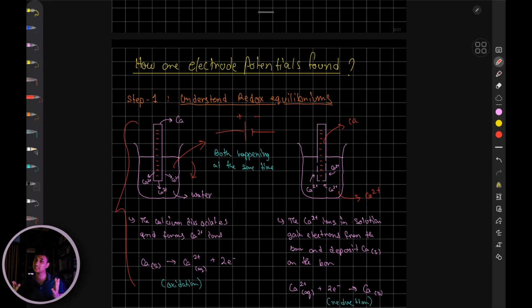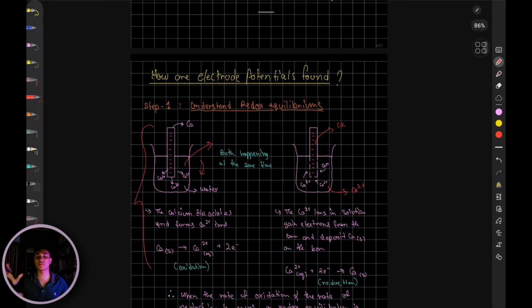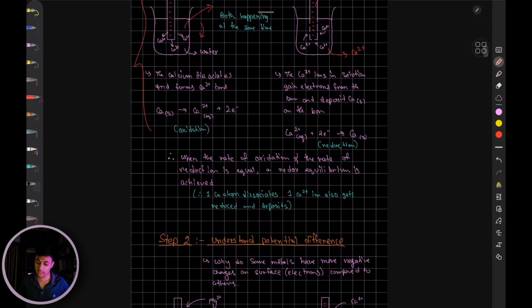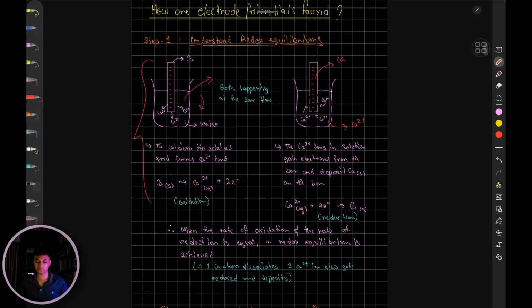Now, greater the separation of charge, greater the potential difference. So I guess you are sort of understanding where we're going with this explanation, right? So first step we saw, there is a redox equilibrium. As a result, there is a net charge in either of the places, on the electrode and in the solution. Great.